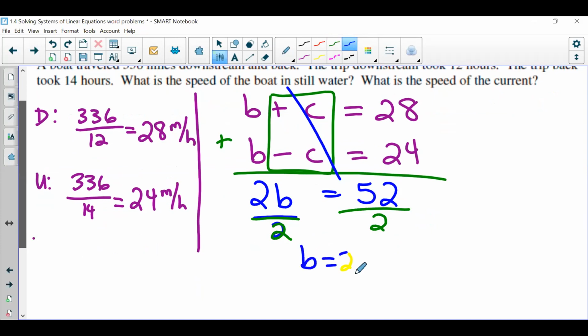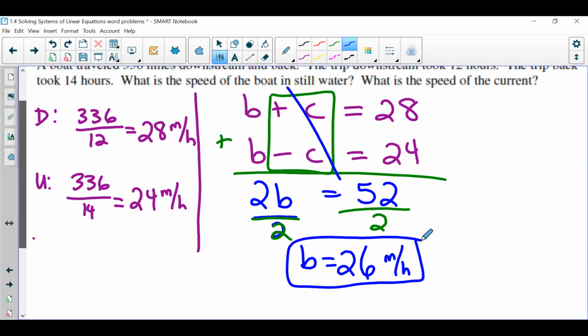Zach's initial thought here was good. So the boat speed is 26 miles an hour. What does that make the speed of the current? 2. Exactly. So you can plug it into either equation and solve, but it does make the speed of the current 2.